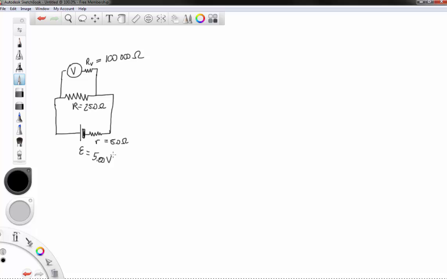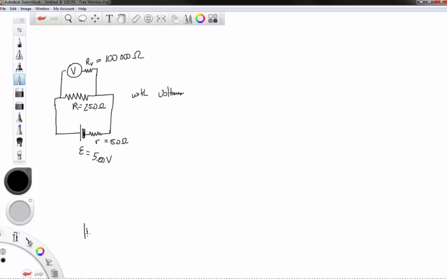So we've got to figure out from this what initially is the current and voltage drop across each of these, and then what happens when we put this voltmeter in parallel with them. Alright, so this is with voltmeter.